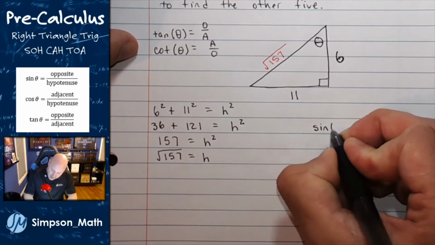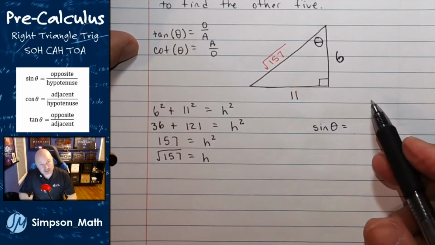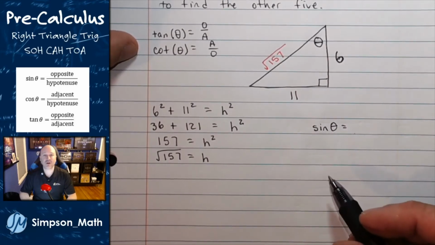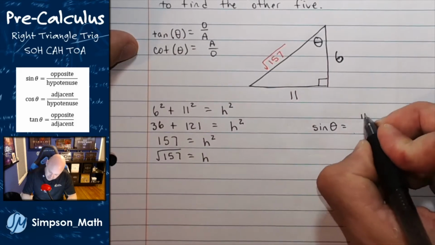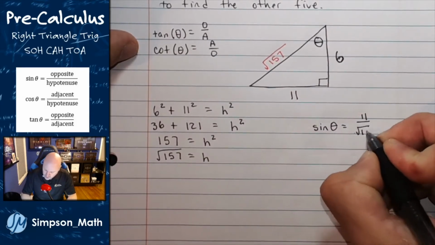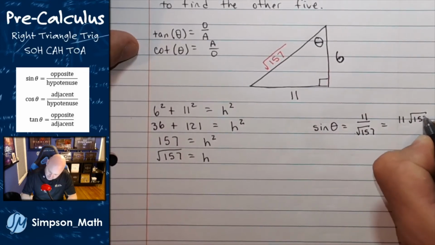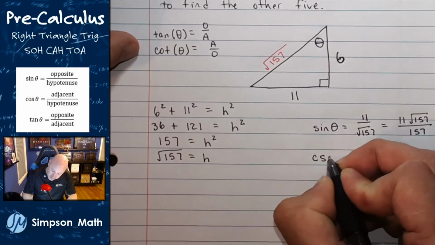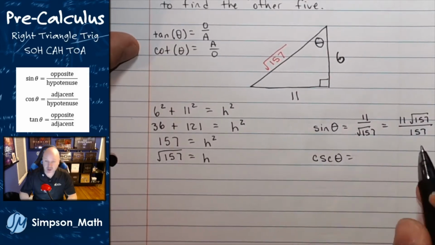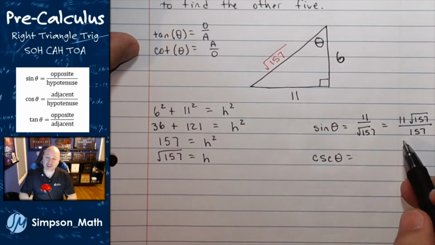Sine of theta is defined as opposite over hypotenuse. So SOH, opposite over hypotenuse. Clean that up. It has a reciprocal function, cosecant. I'm not going to reciprocate this form because that would put a radical back in the denominator.